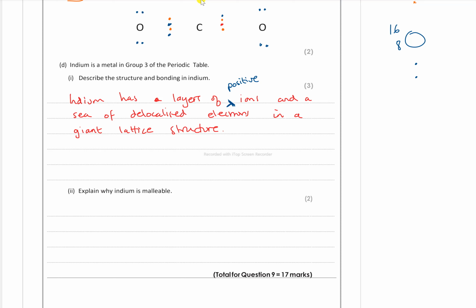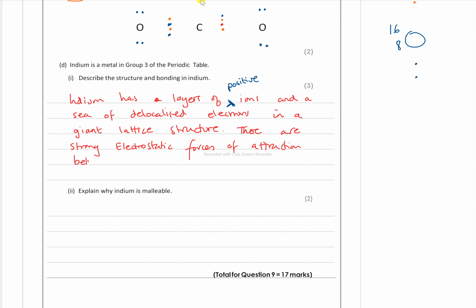And what's holding it together? The bonding. There are, just put all this in, it doesn't matter. There are strong electrostatic forces of attraction.